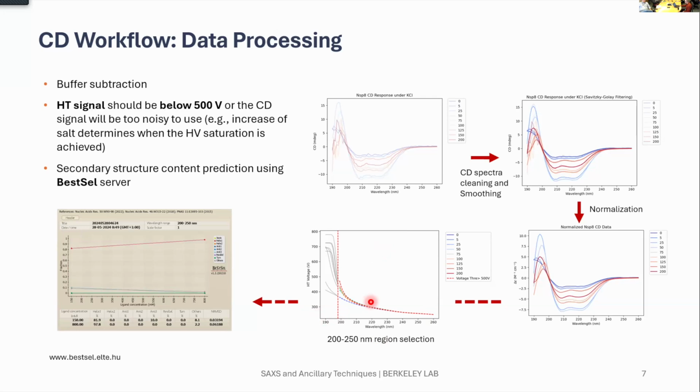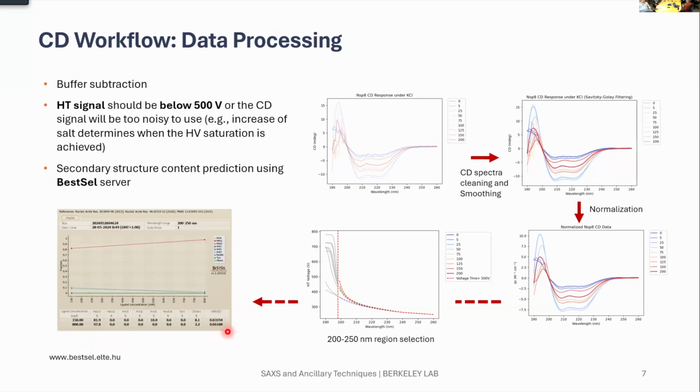secondary structures. And finally, we upload our spectra to the BeStSel server. It's a Hungarian computational tool that allows you to obtain the distribution of your secondary structures. I don't know if it's visible over there, but you get a nice table with the distribution of your secondary structures and some statistical value which represents how good the fitting is to your data.